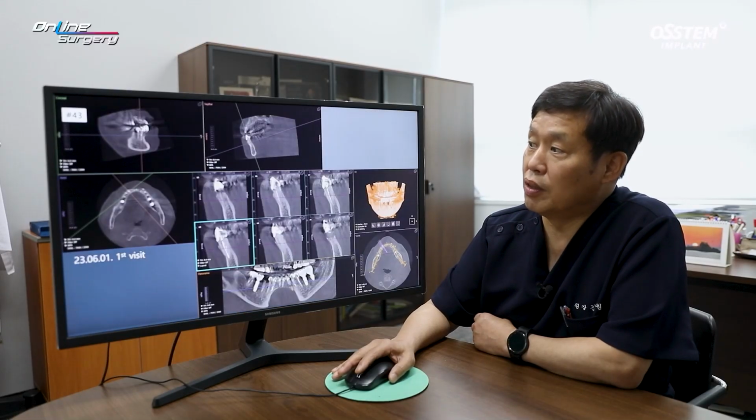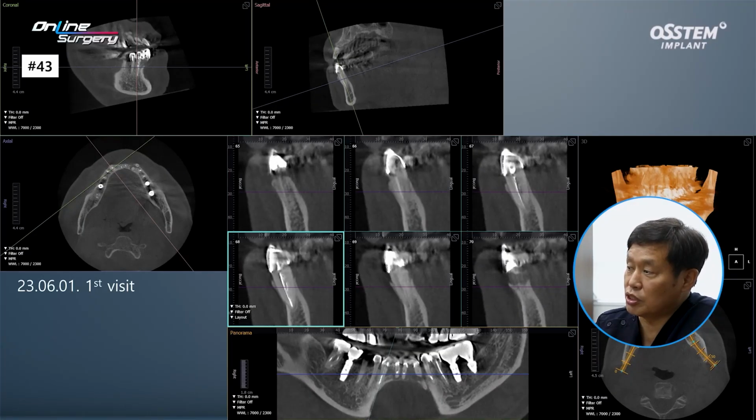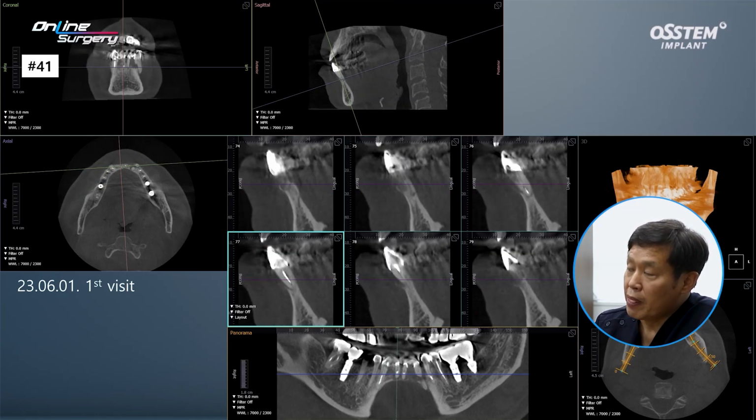Looking at CT of tooth number 43, here we see a bridge abutment, and the root is deeply embedded, suggesting that immediate implant placement should be possible. Looking at number 41, both the central incisors show significant alveolar bone loss, and the gums have receded considerably.